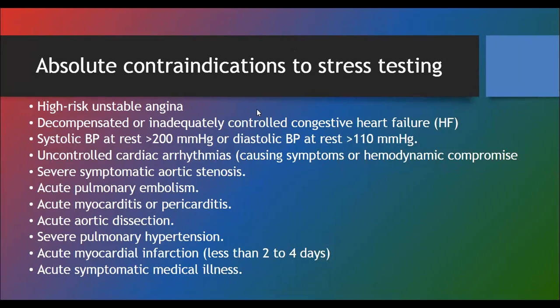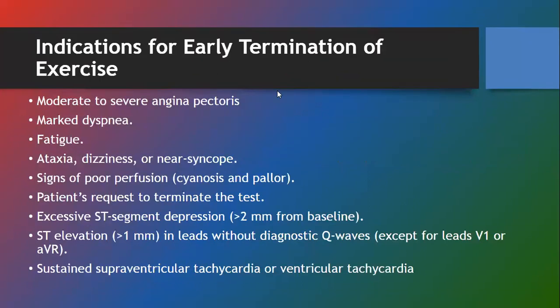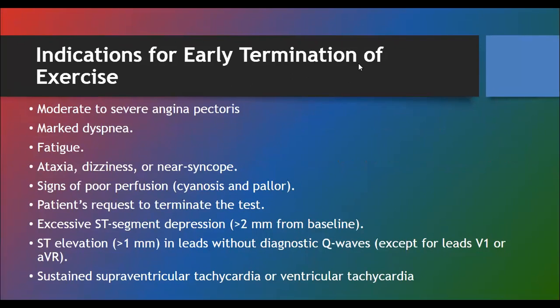And when to stop for early termination of the test, when you don't reach 85% of the age-predicted heart rate. If any of these start to occur, we should be concerned about patient safety.